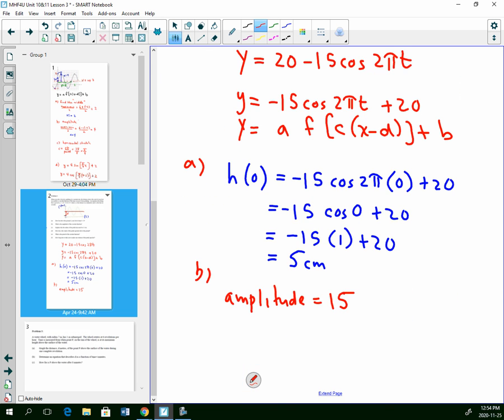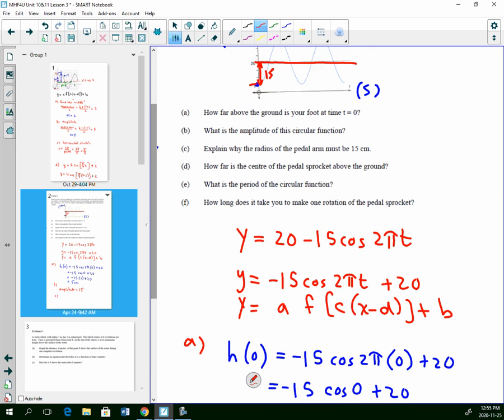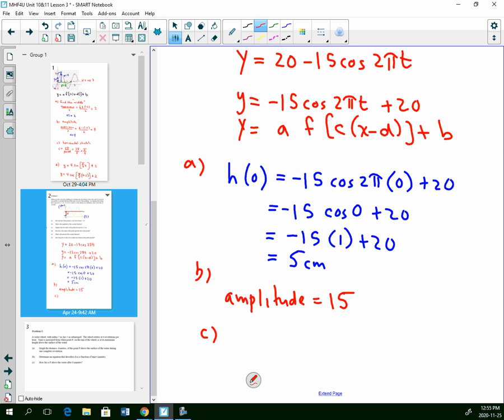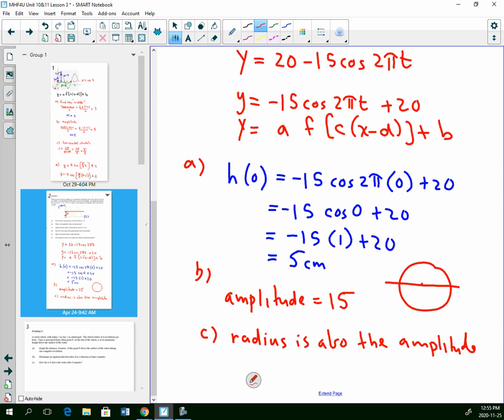So I can read it either from the graph or from the equation. And then it says, explain why the radius must be 15. Well, the radius is also the amplitude. If you have a bike and your foot is on the pedal in the middle, then it's going down to the bottom and up to the top. So the radius is also the amplitude.